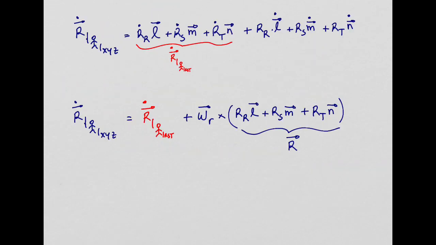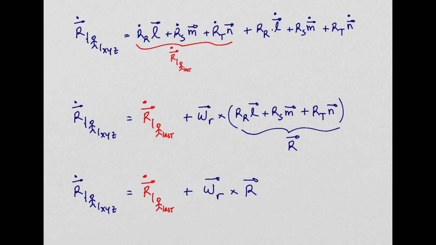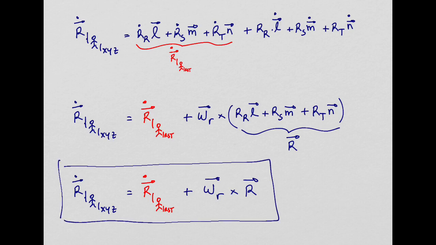Inside this bracket. So I can say, finally, we are getting there. WR cross product with R. Okay?